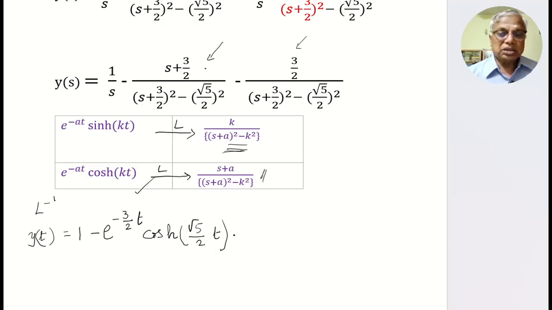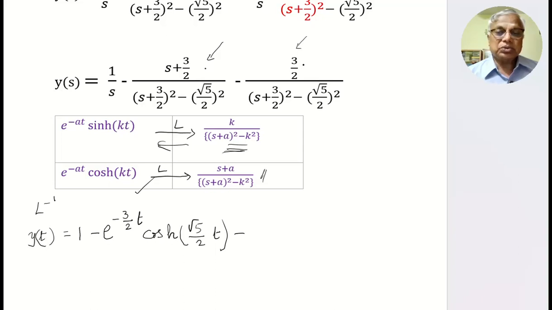Now the third term. To use this formula, the numerator should be k, right? But what do we have here? You don't have k here, you have 3 by 2.